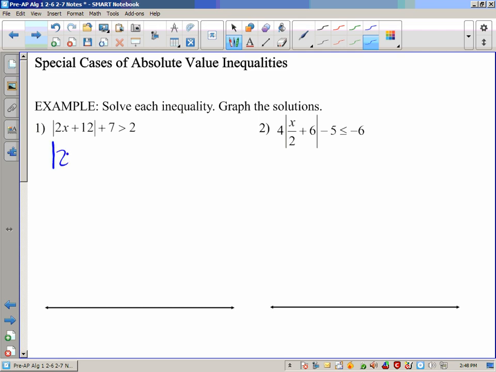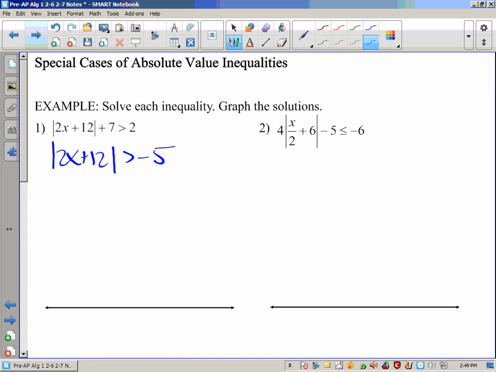I would subtract 7 from both sides in this one and get -5. Before I go about solving this, I want us to think about what this means. It says absolute value of 2x plus 12 is greater than -5. Honestly, it doesn't matter what's in the absolute value because absolute values always are positive.